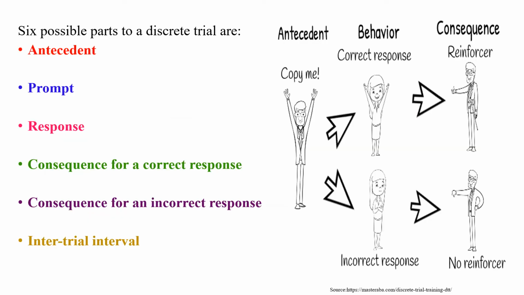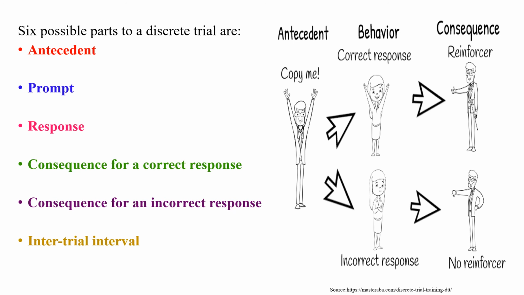So these are the 6 possible parts to a discrete trial which we were discussing earlier. That is antecedent, prompt, as a result of that response, then consequence for the correct response, consequence for an incorrect response, then intertrial interval.